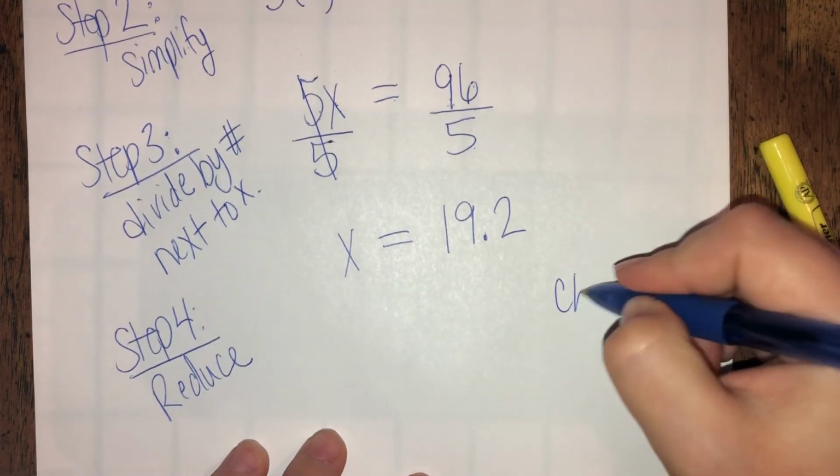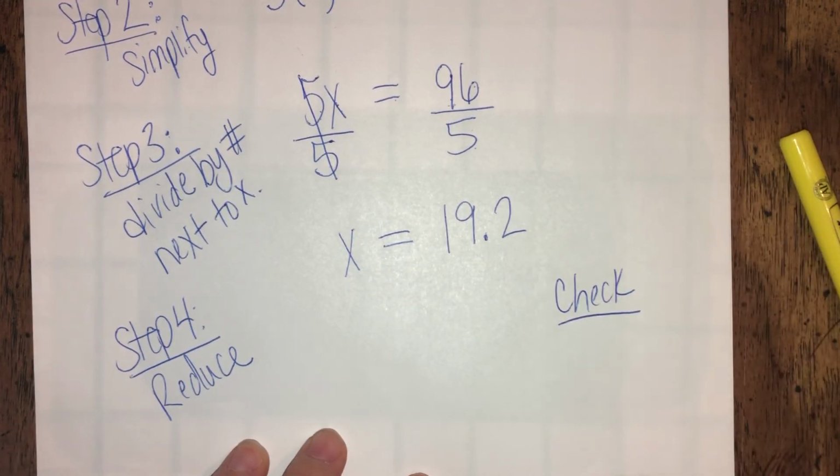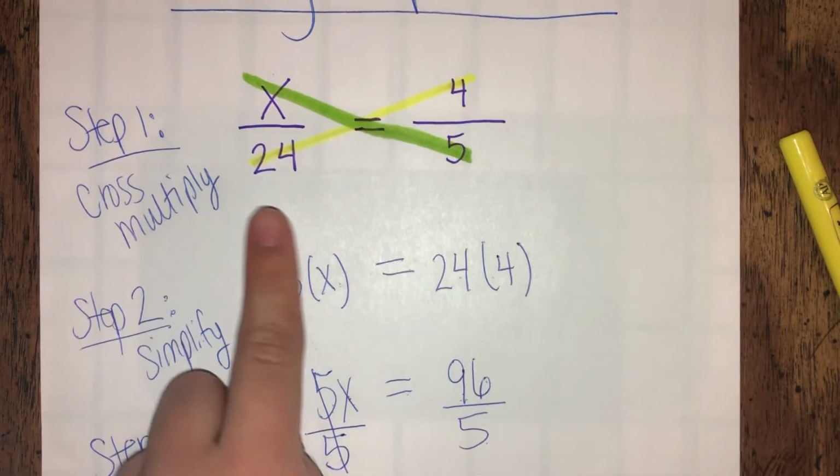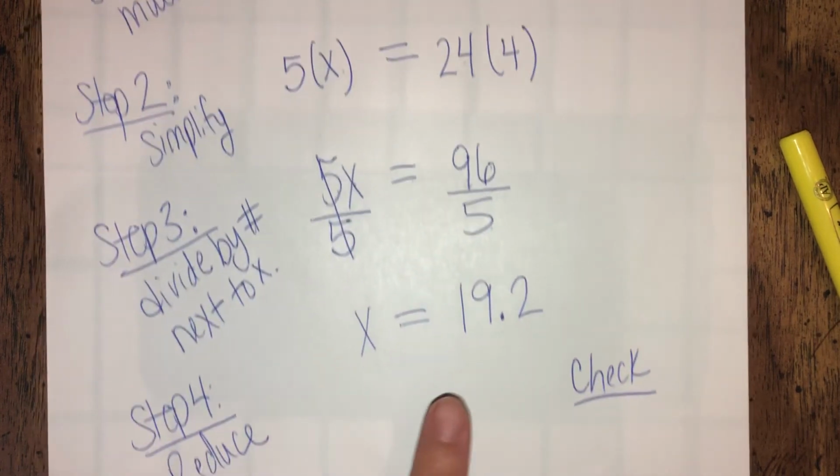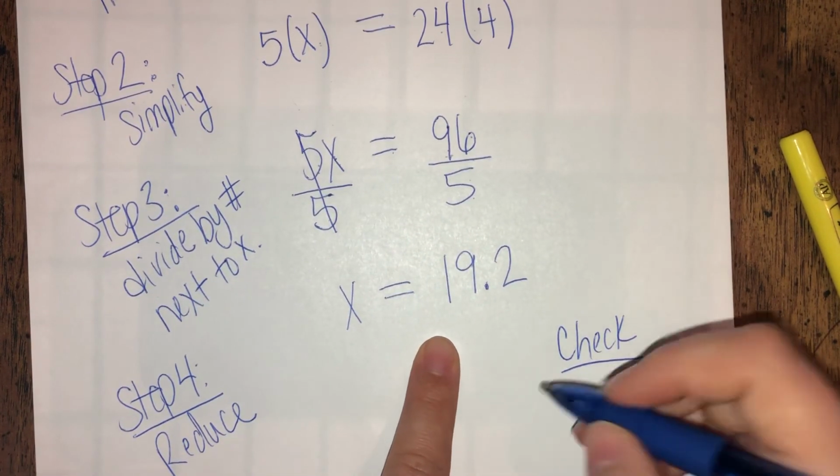If you want to do a check, what you are going to be doing is taking your original proportion, and instead of seeing x, you should be replacing it with 19.2.